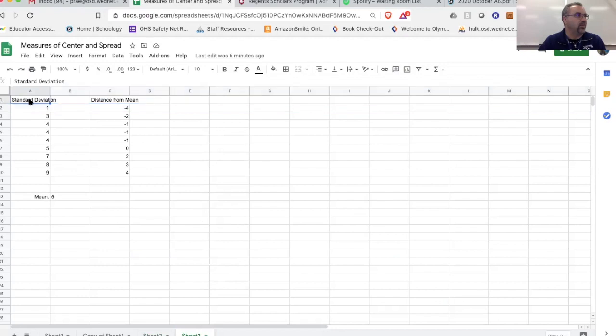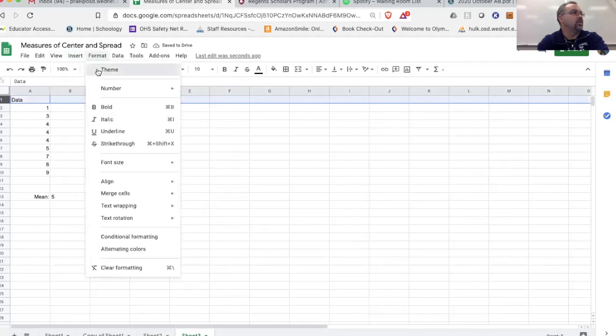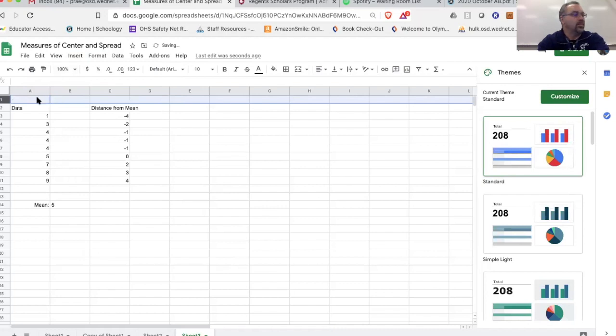These are actually just the data points. Let me change that because that looks a little weird. So this is the data itself. I meant to title this how to find standard deviation, so let me insert that row above. There we go.